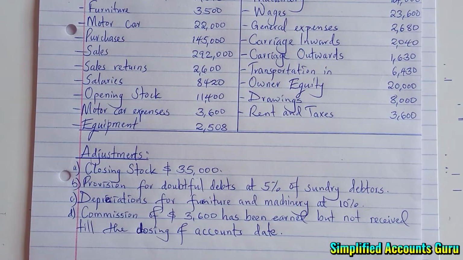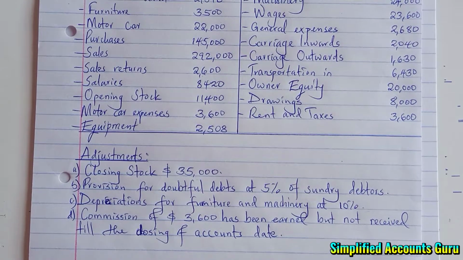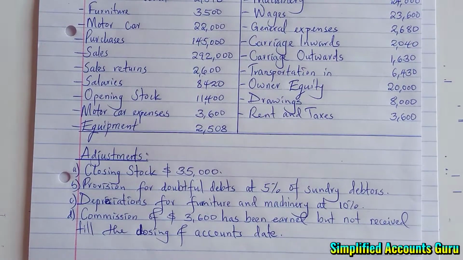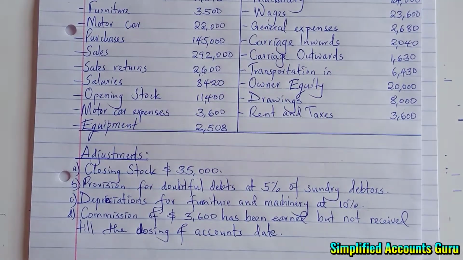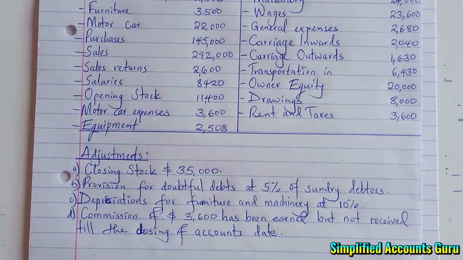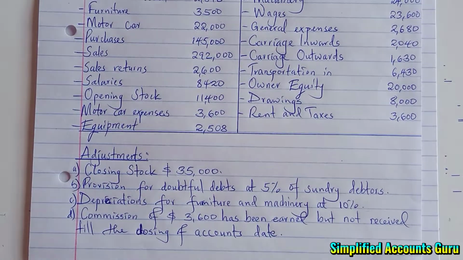Okay, just to give a brief explanation about these doubtful debts. The provision for doubtful debts is normally made based on the prudence concept, which normally guides or advises accountants not to be so optimistic of the future in terms of revenues.